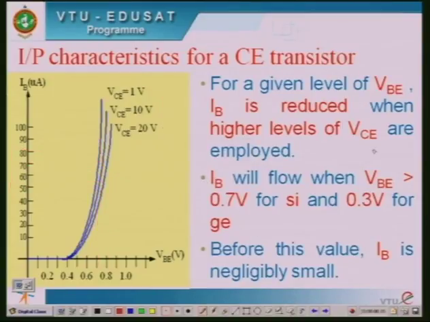So, it is mentioned that for a given value of VBE, the base current IB is reduced when higher values of VC are employed here. And please note that IB will flow only when VB becomes equal to 0.7 volts, which is the cut-in voltage for the silicon transistor, and 0.3 volts for the germanium transistor here.